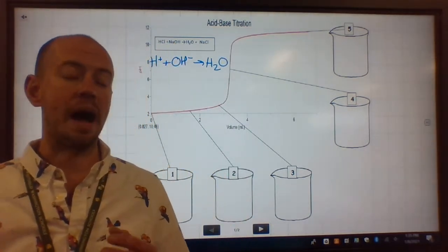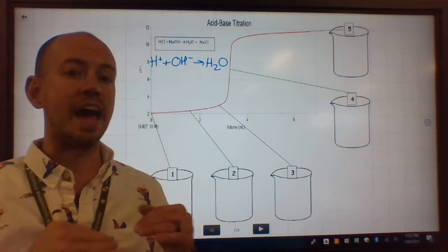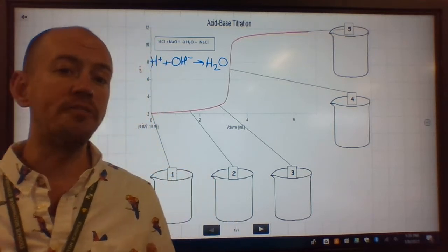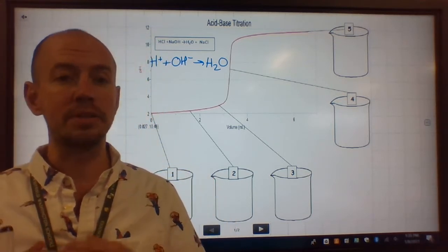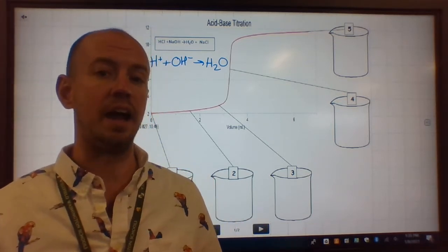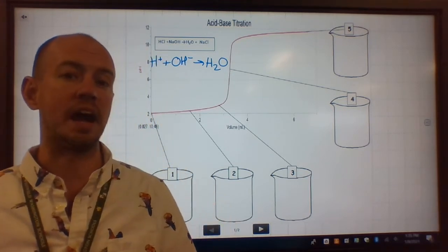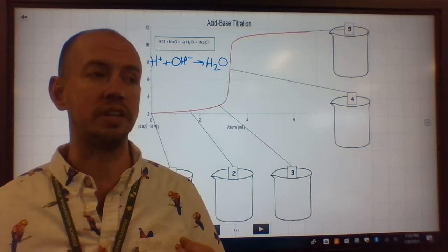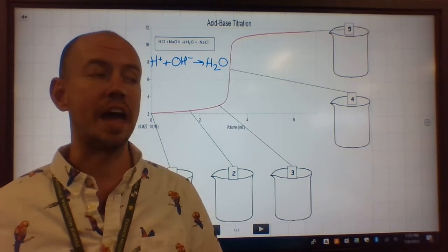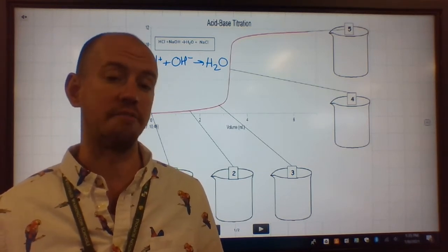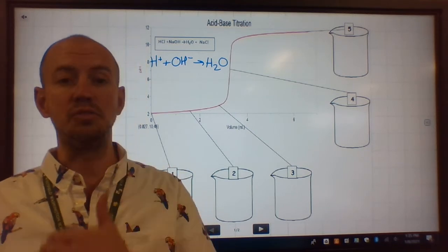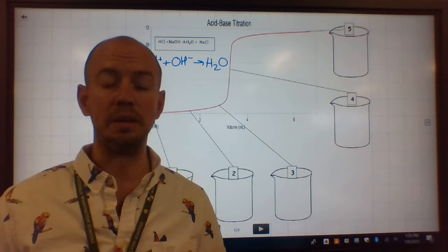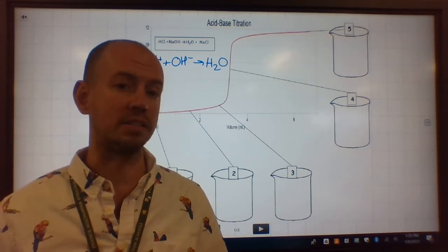Some things we know about that is that it goes mostly or pretty much all the way to completion. Hopefully we recognize that as the opposite of water breaking into its ions. So H2O breaking down into H+ and OH- is the Kw reaction in the Kw equation. That has a Kw of 1 times 10 to the negative 14th, which means that when I do the reverse reaction, this reaction, it has a really big K, 1 times 10 to the positive 14th.